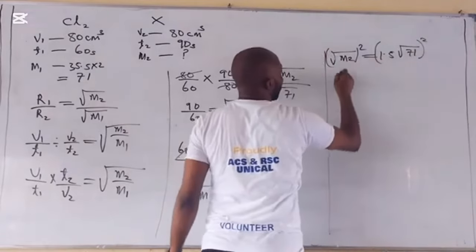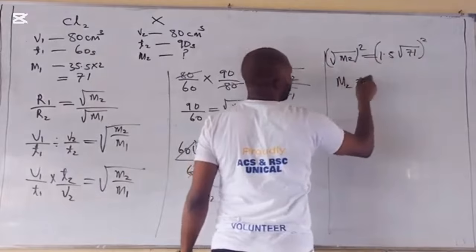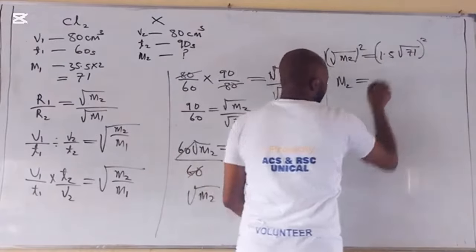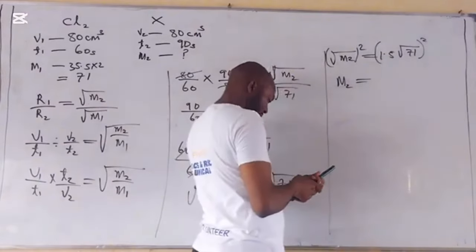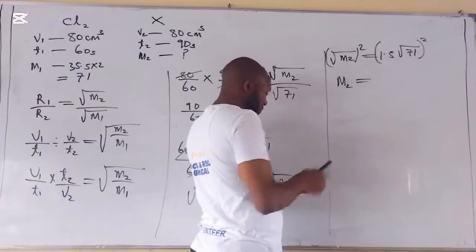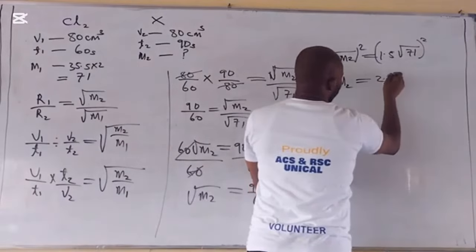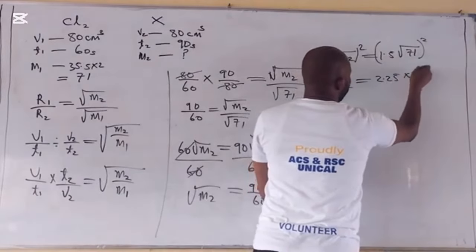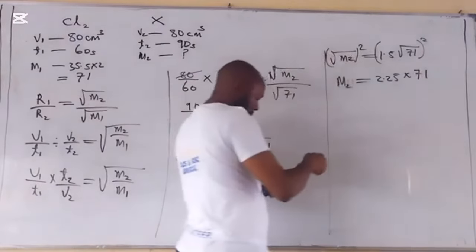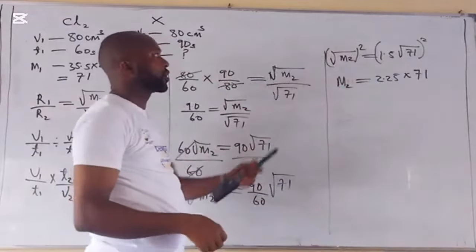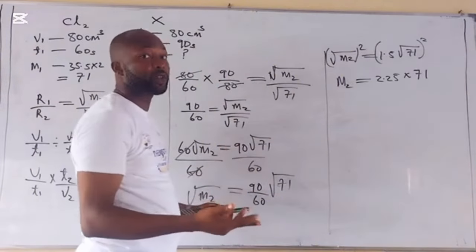So M2 is equal to 1.5 squared, which is 2.25, times 71, because the square of the root of 71 is 71.